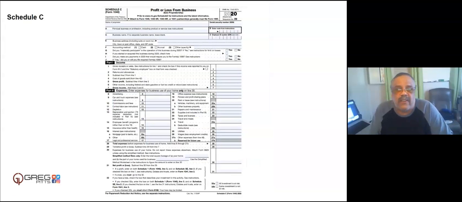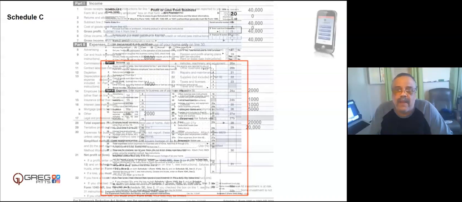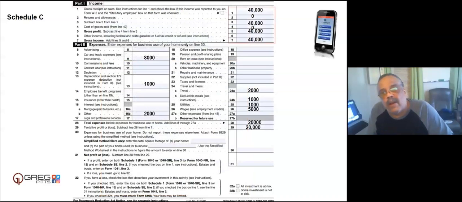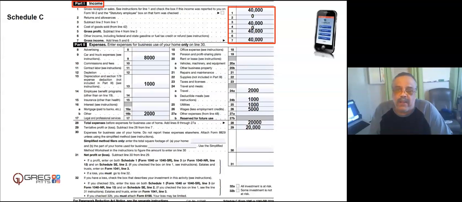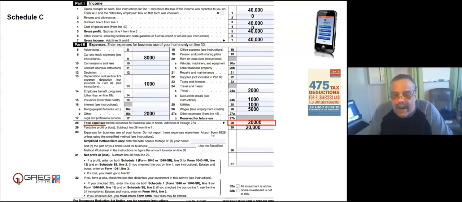Okay, so going back to your 1040 form, using the bottom half again. Using the Schedule C again, Part 1 and Part 2, the income and expenses. Let's show it. You got the $40,000 on line 7 that you made in your business. You got the same expenses, $20,000 worth of expenses, on line 28. On line 29, it says tentative profit or loss.